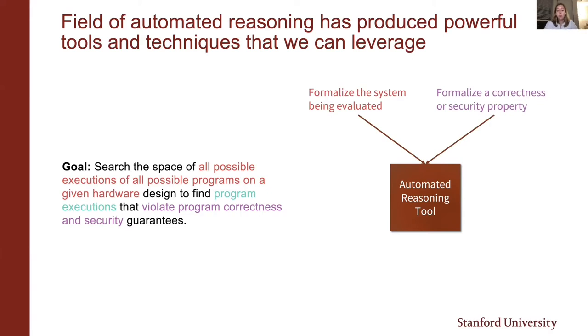Once we have supplied both of these inputs, we can then ask an automated reasoning tool, such as a SMT or SAT solver, to find us a witness to, or a counterexample to, our specified property. Ideally, we'd like to automate as much of this process as possible, particularly the formalization process, both for usability and to prevent errors in the formalization process.